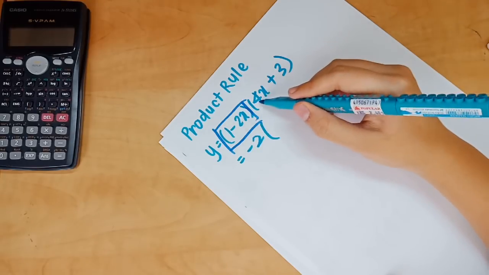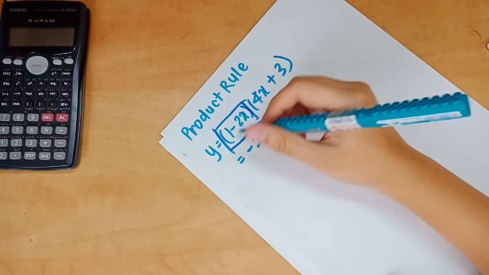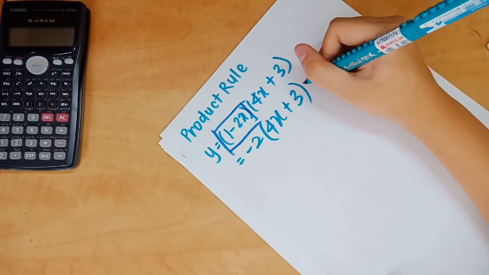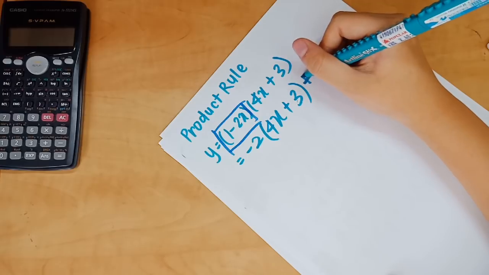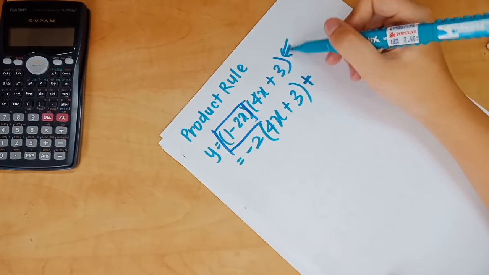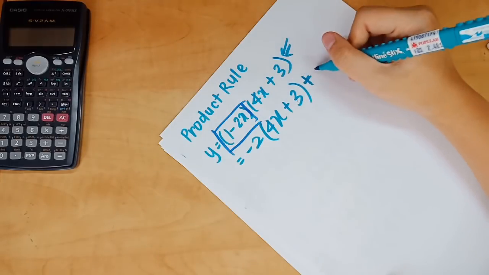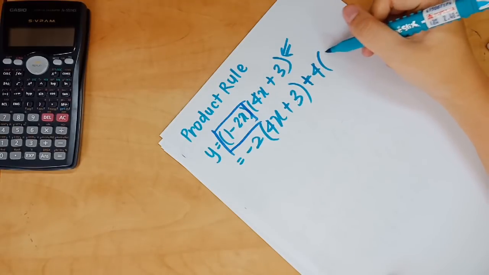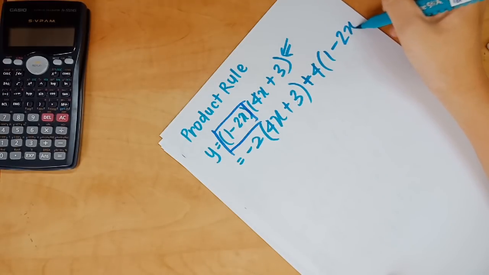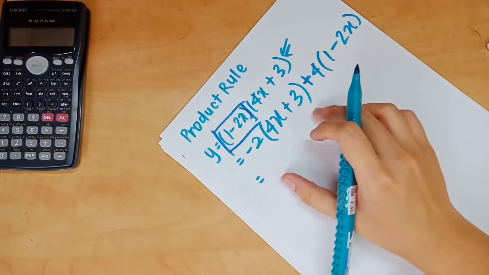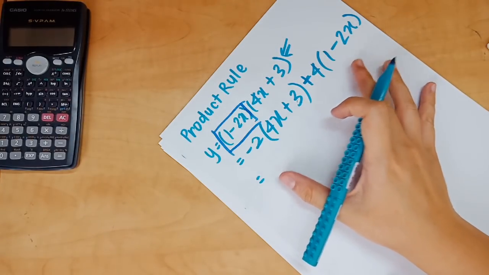And you can copy back this equation because you are differentiating this only. And you add in the middle. Now you have to differentiate the second equation. So differentiate the second equation, you get 4, and you have to copy back the first equation. Okay, so you get this. So now you just expand everything.